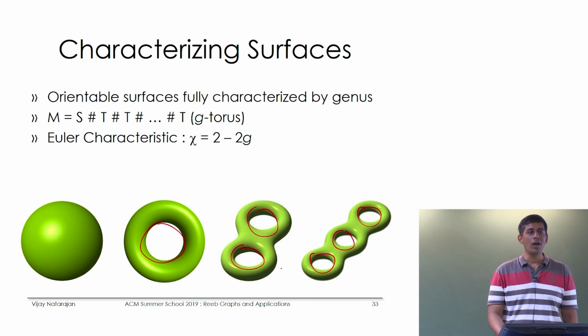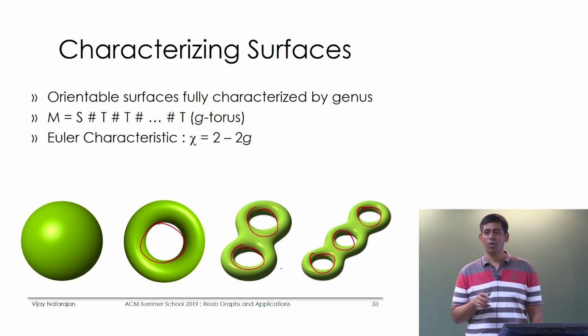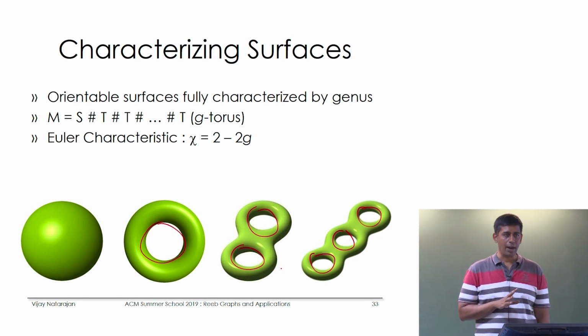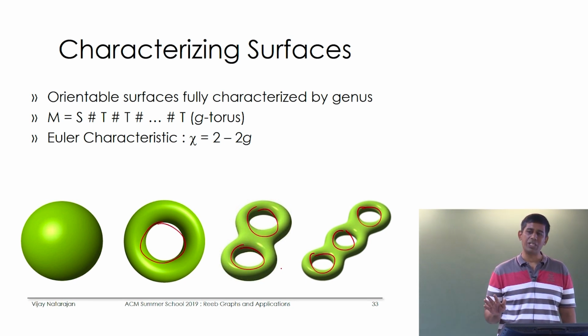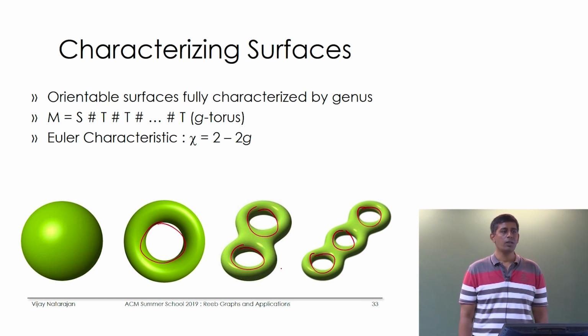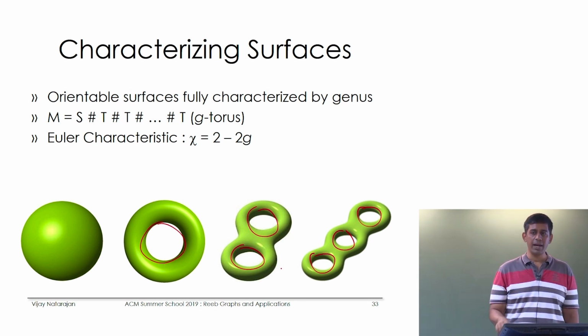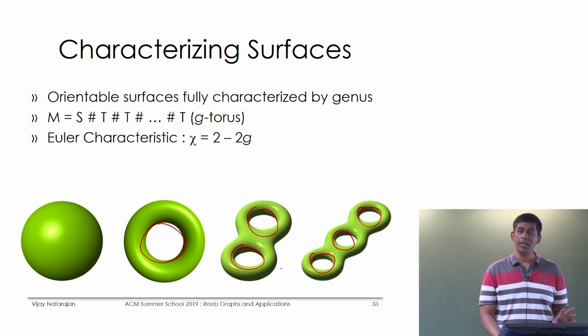The Euler characteristic, if you have seen the Euler number or the Euler formula, is defined as 2 minus 2g in this case, where g is the genus. For the sphere, the Euler characteristic is 2, and then it keeps decreasing by 2, and it is negative for all the other surfaces. So you can restate this by saying that all orientable surfaces are fully characterized by the Euler characteristic.